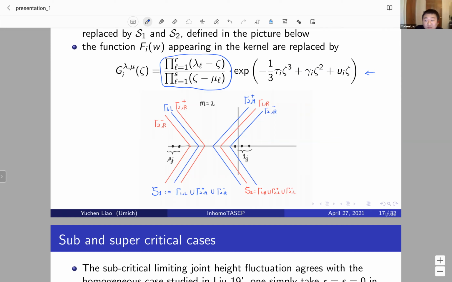And the integral contours change to these familiar contours for the Airy function essentially, but with the same type of nesting. You should understand the nesting with respect to infinity. That is, you have parameters lambda_j and mu_j that are ordered in this way. The mu_j's are viewed as the left poles and the lambda_j's are viewed as the right poles essentially. And then you have the 2m minus one left contours and 2m minus one right contours with the same nesting.